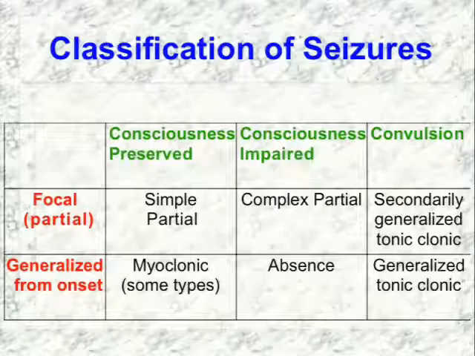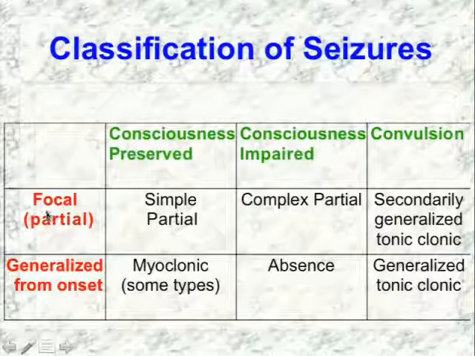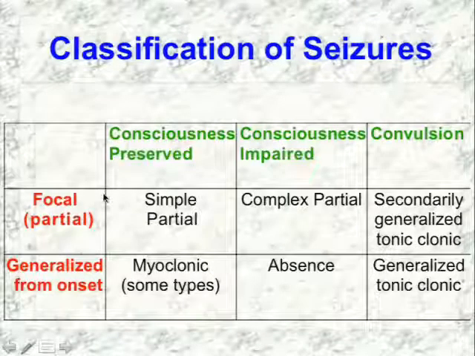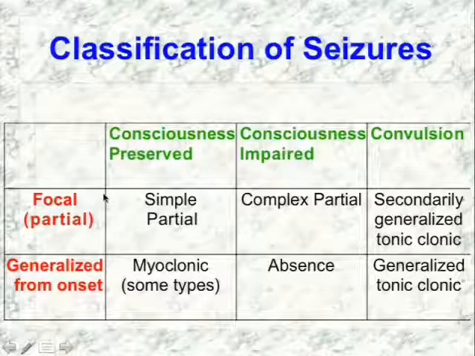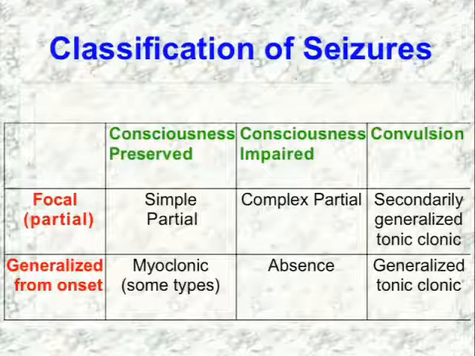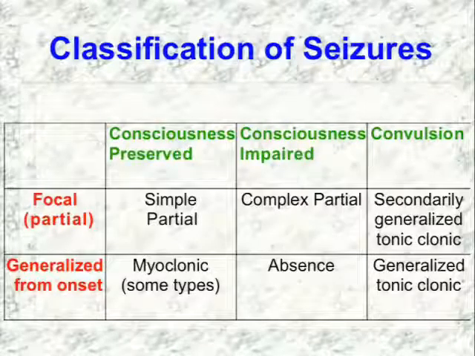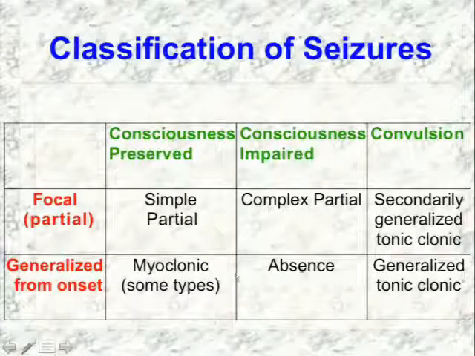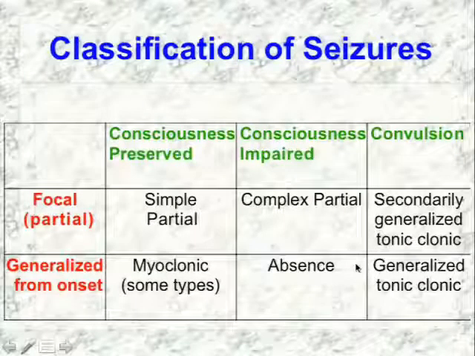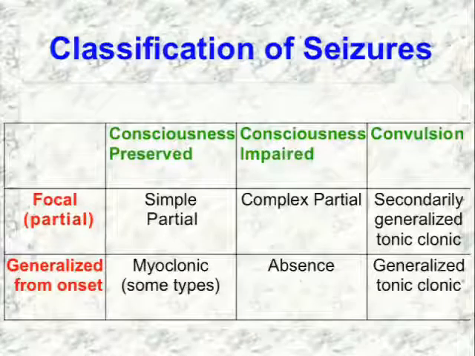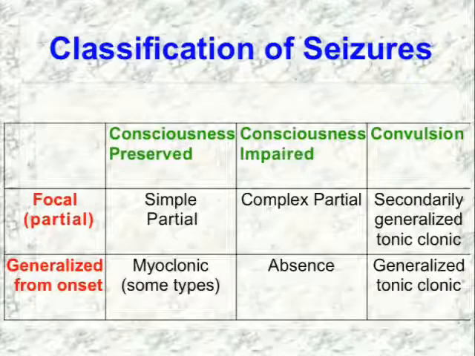But the most important distinction is between focal seizures, this row here, which are seizures that begin at a specific place in the brain, usually in the cerebral cortex or the limbic system, and seizures that are generalized from onset, which are seizures that begin either diffusely over the cerebral cortex or at least bilaterally and synchronously over the cerebral cortex.